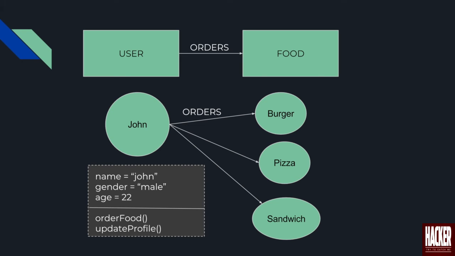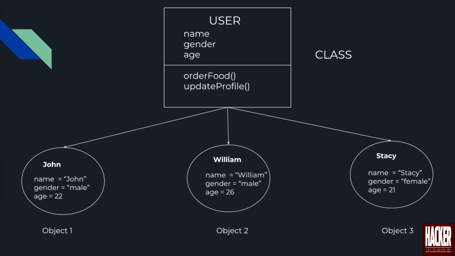John can have certain behavior like he can order food and he can update his profile. John will be using this behavior to perform certain actions. Similar to John, we can create multiple objects like William and Stacy, which have their own state and behavior. The state will be name, gender, and age.